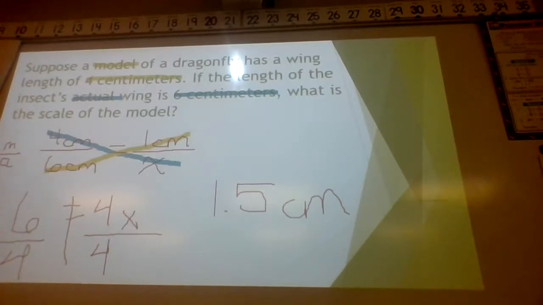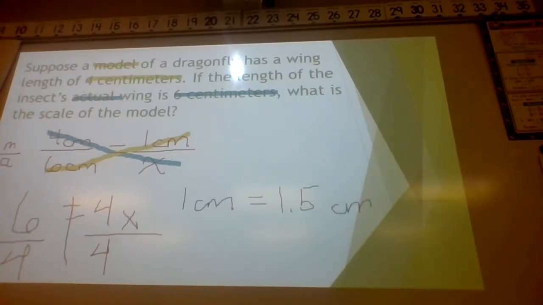So it is, hold on, I gotta rewrite that. It is going to be 1 centimeter is equal to 1.5 centimeters on the actual.